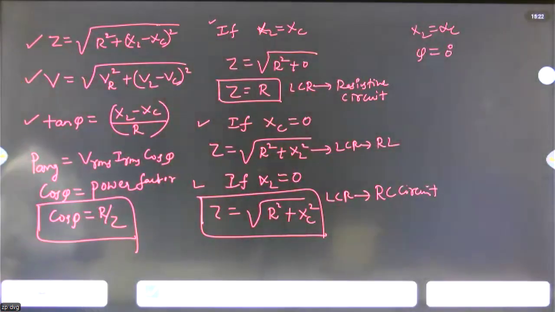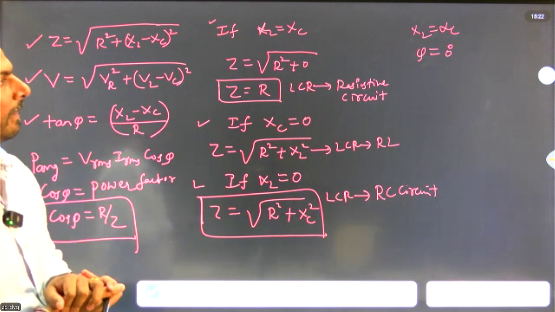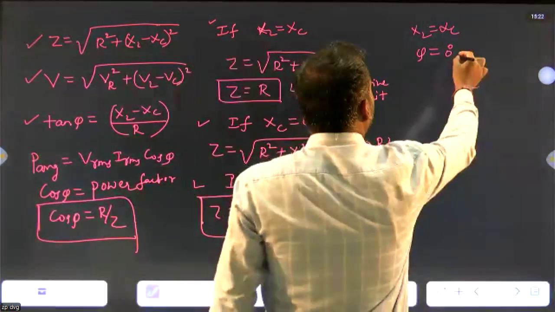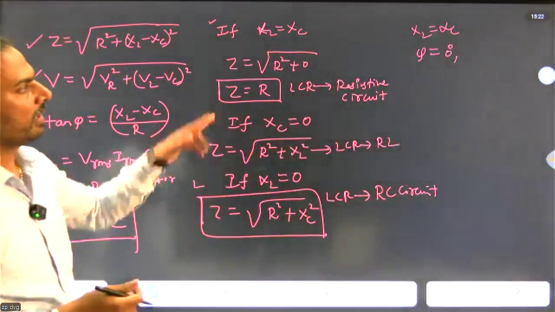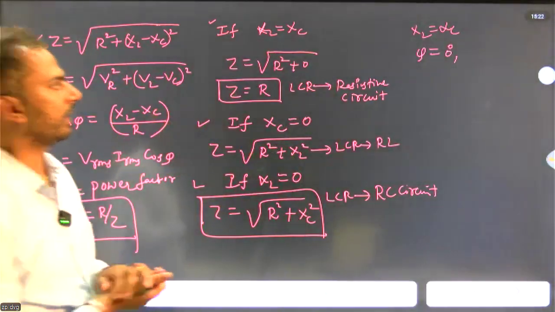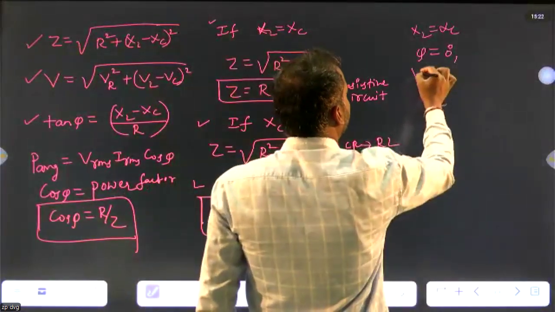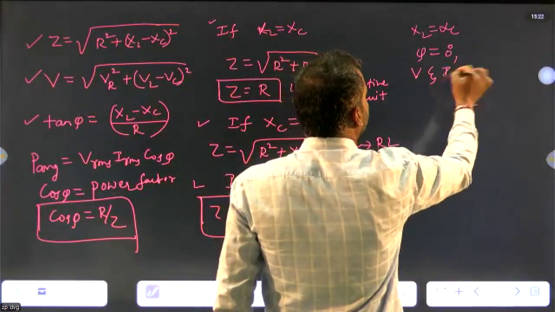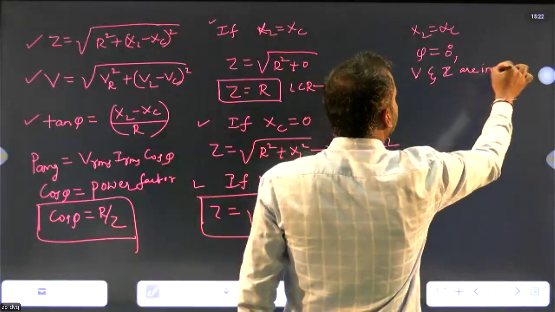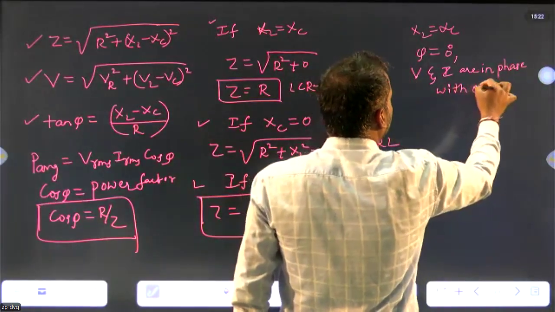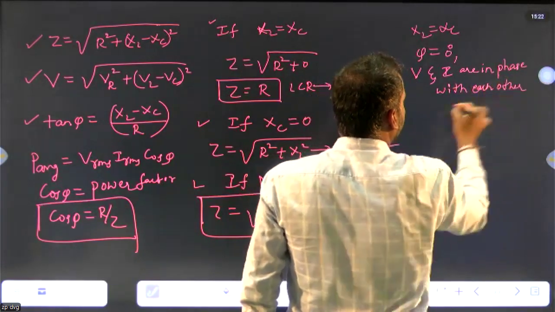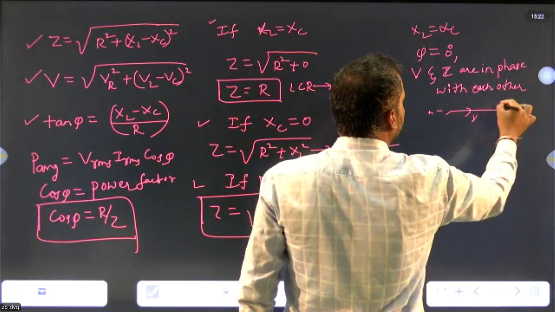If phi is equal to 0, then the phase difference between current and voltage is 0. Phi is the angle made by the resultant voltage with current. If phi is equal to 0, voltage and current are in phase with each other.